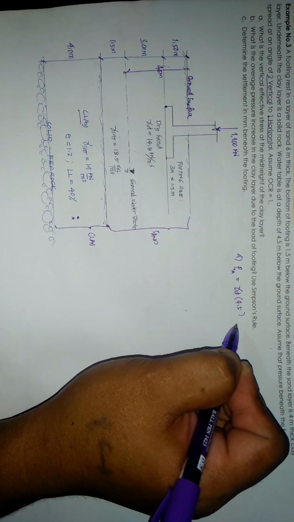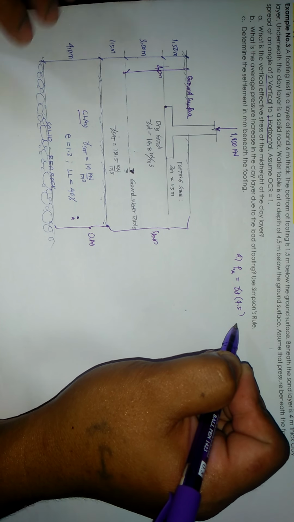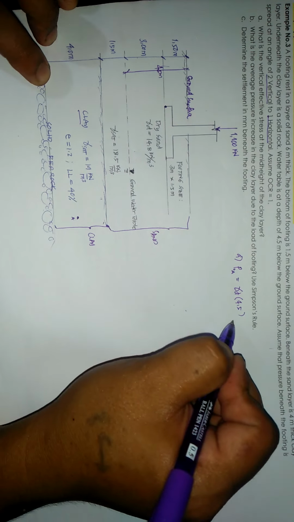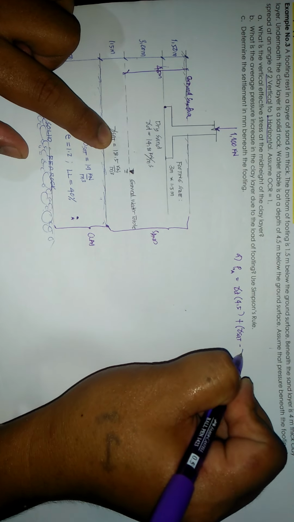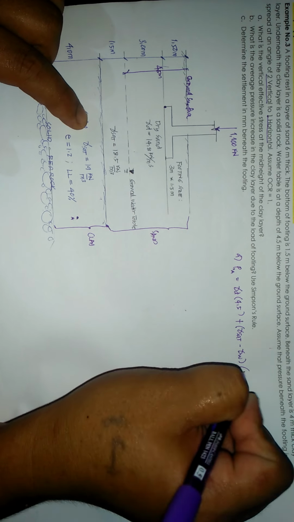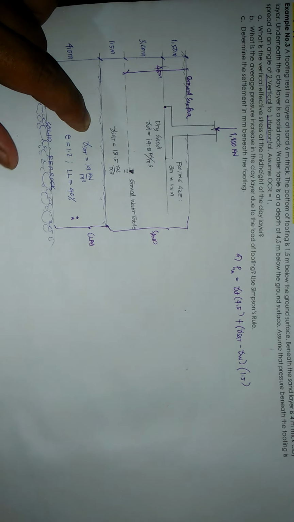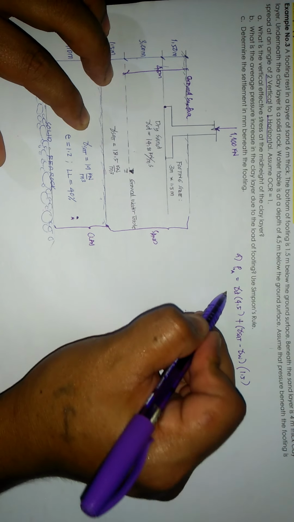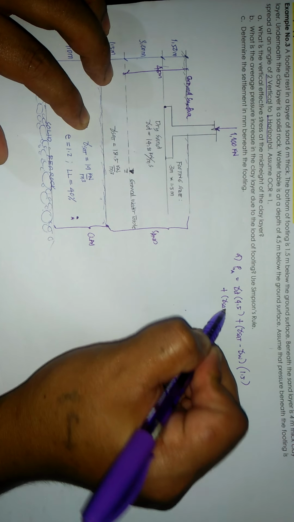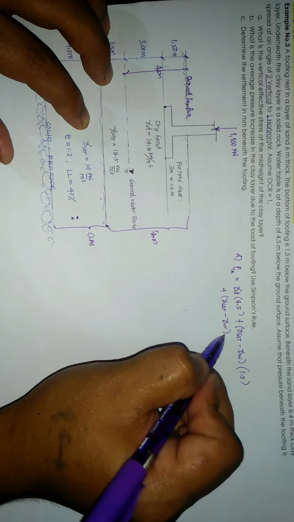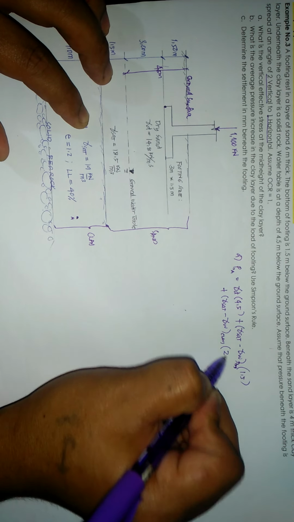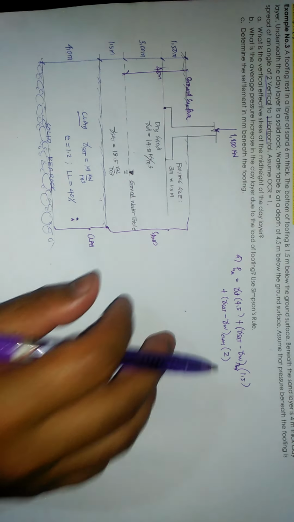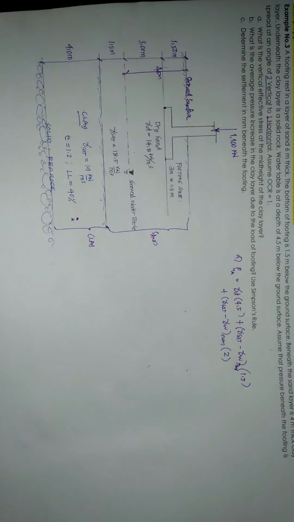Gamma dry times 4.5 plus gamma saturation minus gamma of water times 1.5. Yes? Plus gamma for saturation for your clay minus gamma for water. This is for your clay and then this is for your sand. Times 2. Y2 kasi ang given, ang unknown is vertical effective stress at the mid-height of the clay layer.